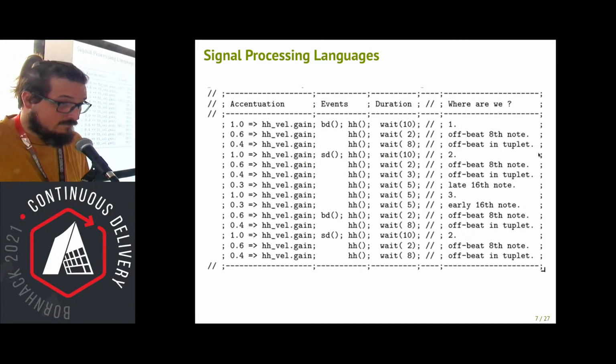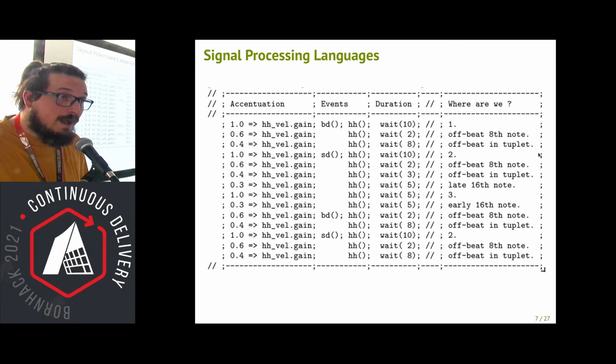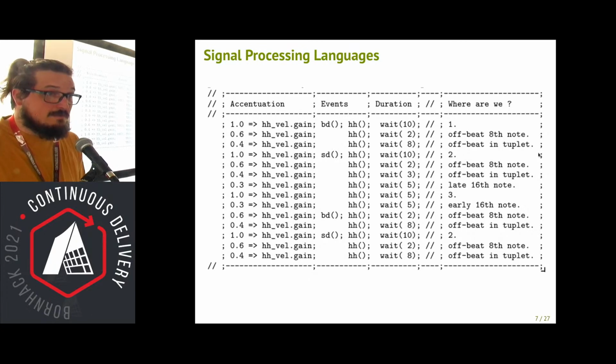Another alternative is what I would like to call a signal processing language. Languages like Sonic Pi go into this category. Here I have denoted the transformed rhythm in a programming language called Chuck, which was popular some years ago.